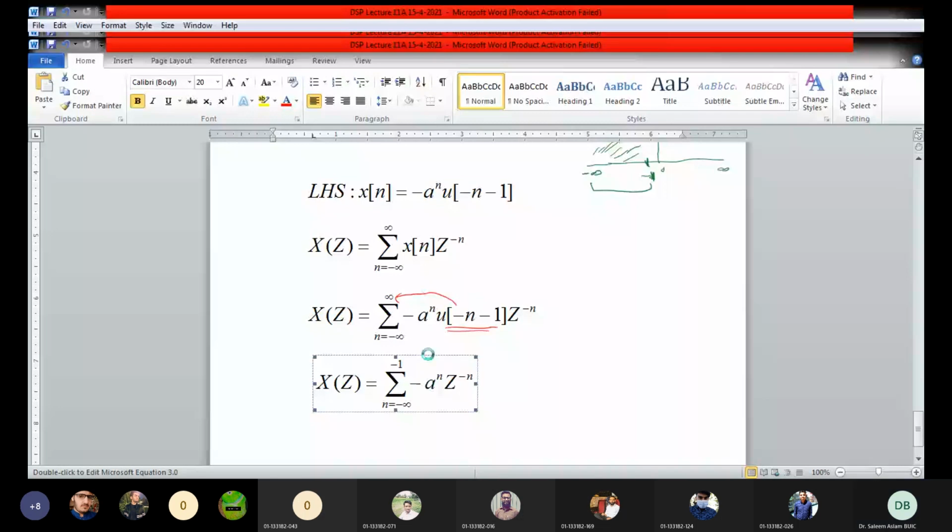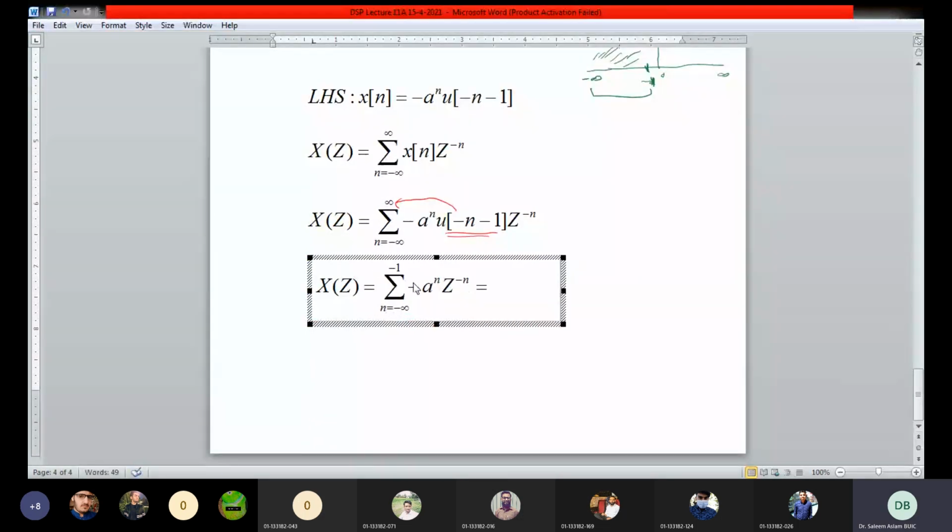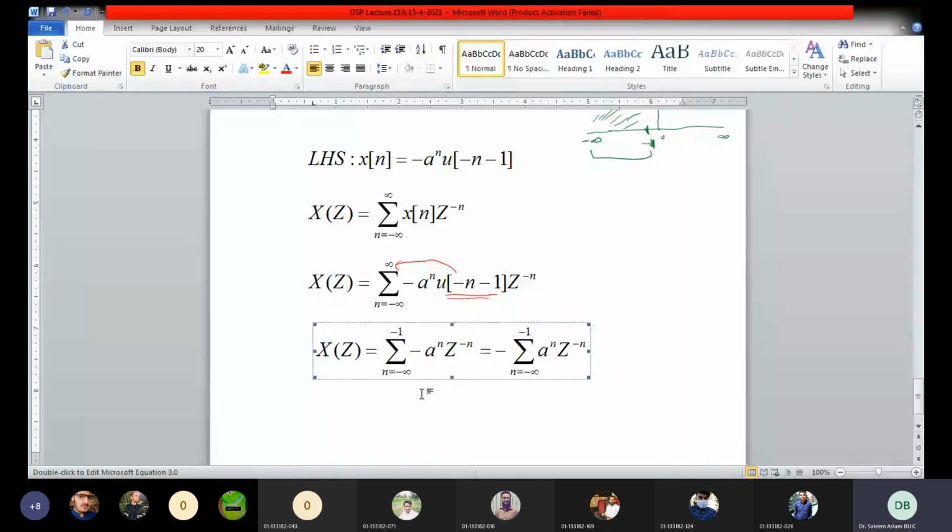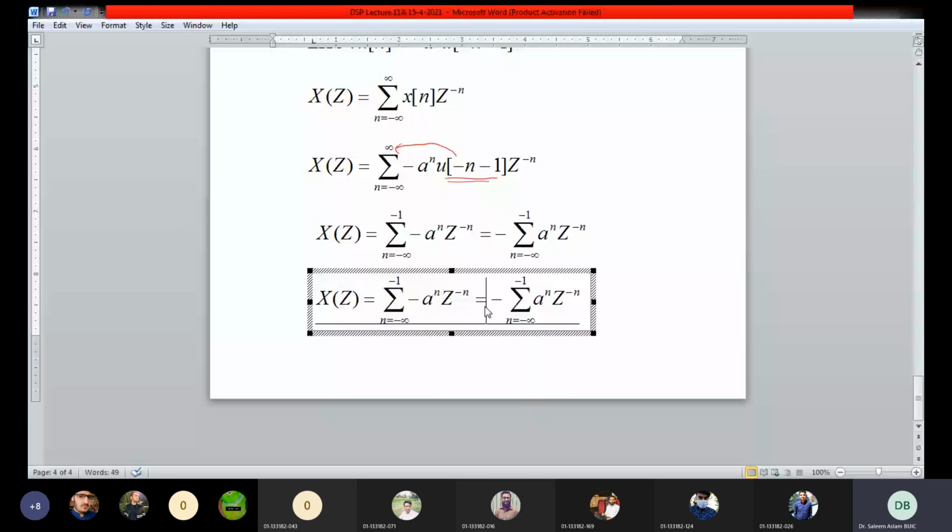Can I simplify this with an equal sign like this? And I can bring the minus sign outside of this summation. Can I bring the minus sign out of this summation? Yes, sir. Okay, next we are further simplifying this expression by moving this a to the power n, z to the power minus n.